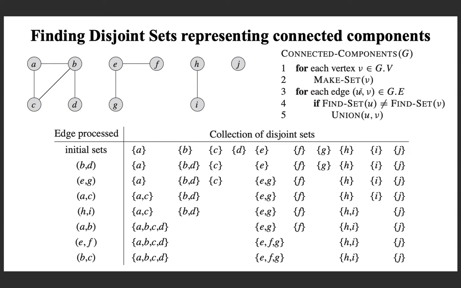So this is an algorithm which makes the disjoint sets representation of a given graph. The complexity of this is in the order of the number of vertices, and this one is in the order of the number of edges. So it is linear in the size of the graph.